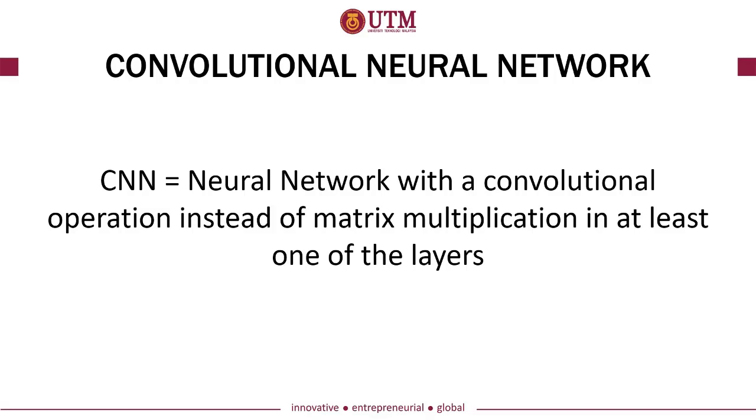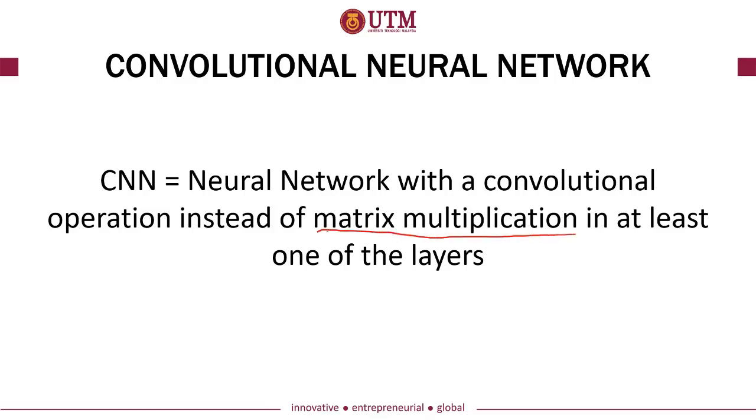But you will see later that most of the well-established CNNs use a lot of convolutional operations instead of matrix multiplication. Again, I think you may not fully understand what matrix multiplication means.